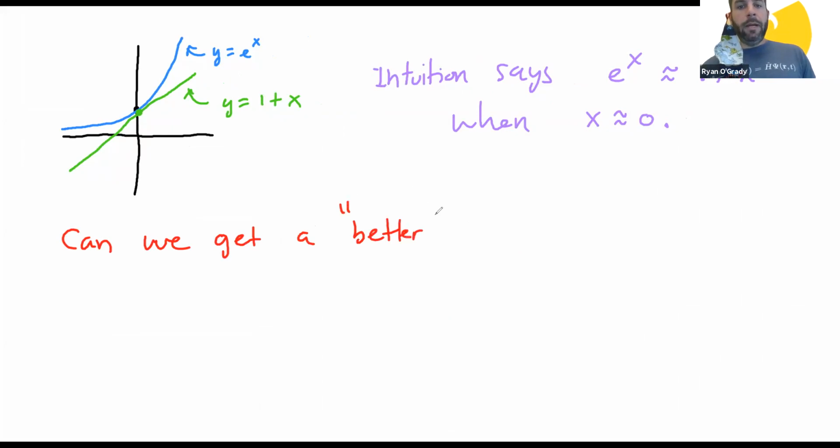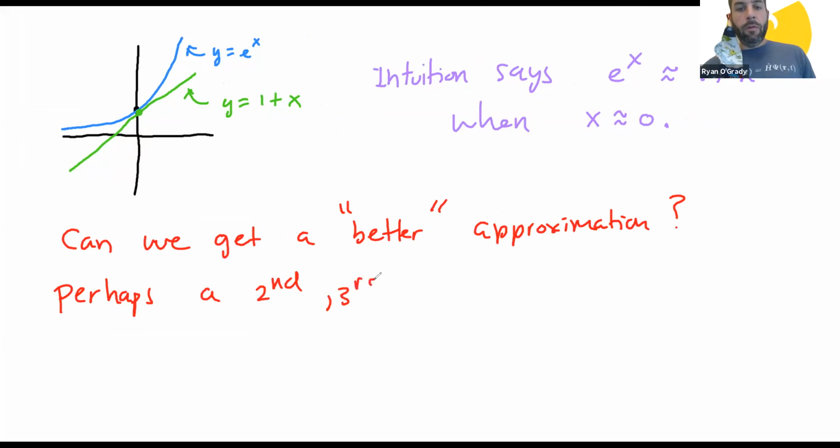I'll put better in quotations. Can we get a better approximation? You know, for example, perhaps a second, third, fourth degree polynomial.